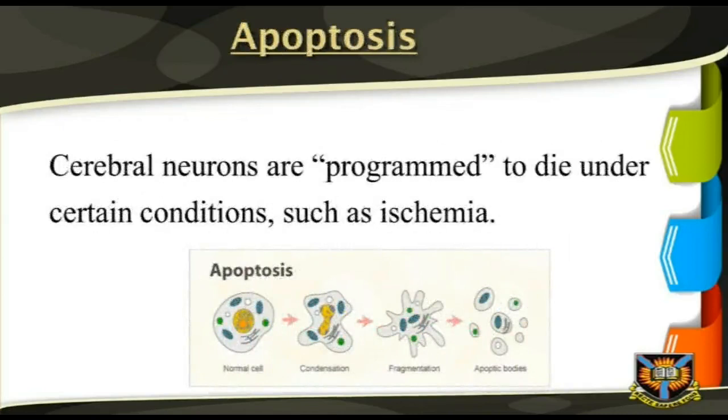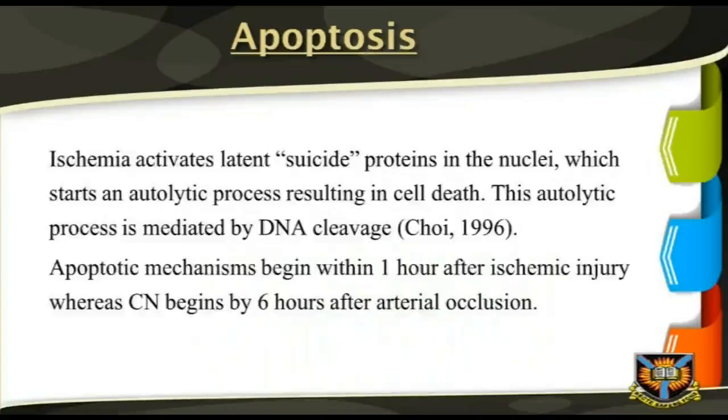During apoptosis, nuclear damage occurs first. The integrity of the plasma and the mitochondrial membrane is maintained until late in the process. Ischemia activates latent suicide proteins in the nucleus, which starts an autolytic process resulting in cell death. This autolytic process is mediated by DNA cleavage.